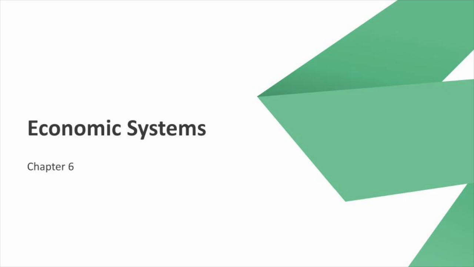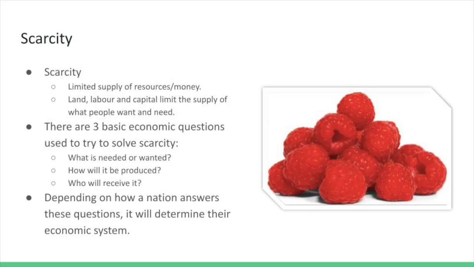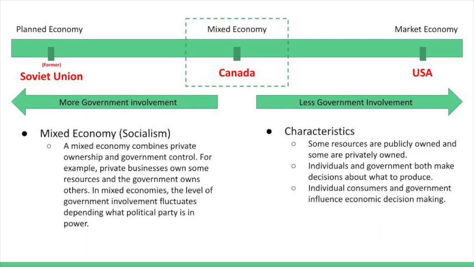Economics and economic systems is all under Section 6. Economics is a study of how we use limited resources, and every country has to answer how to solve scarcity. So, what is produced, how it's produced, and for whom is it produced? Canada has a mixed economy. Government provides services such as healthcare and education and regulates businesses, while individuals and companies own and operate much of the economy.